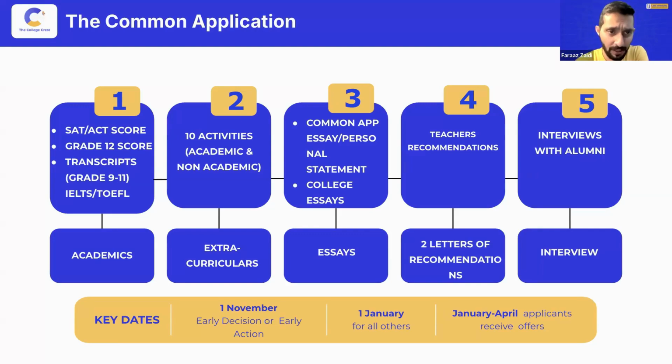Now, within the essays, beyond your personal statement within Common App itself, there will be college specific essays. Every college is going to ask you to write one or two specific essays, and this is where your personal narrative really starts to align with the college narrative.